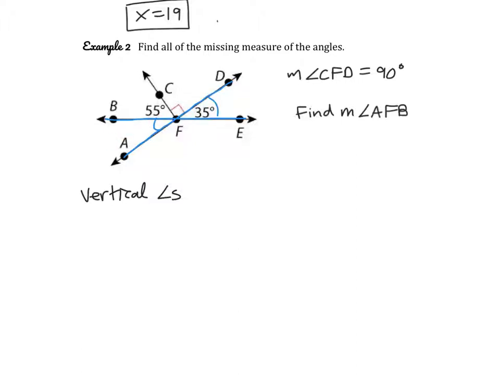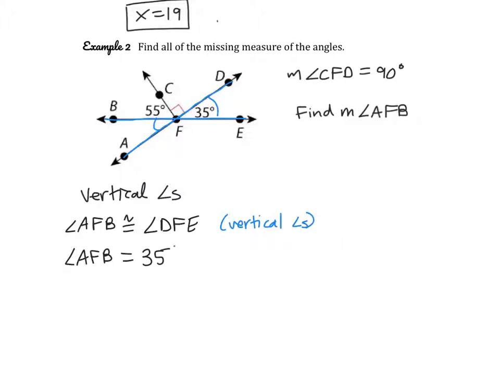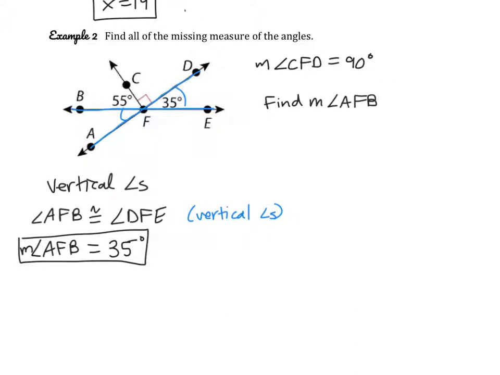So first I'm going to make this statement. I'm going to say angle AFB is congruent to angle DFE, and it's because they are vertical angles. So now I can substitute what we know. We know that angle DFE is 35 degrees. So that means the measure of angle AFB is also 35 degrees.